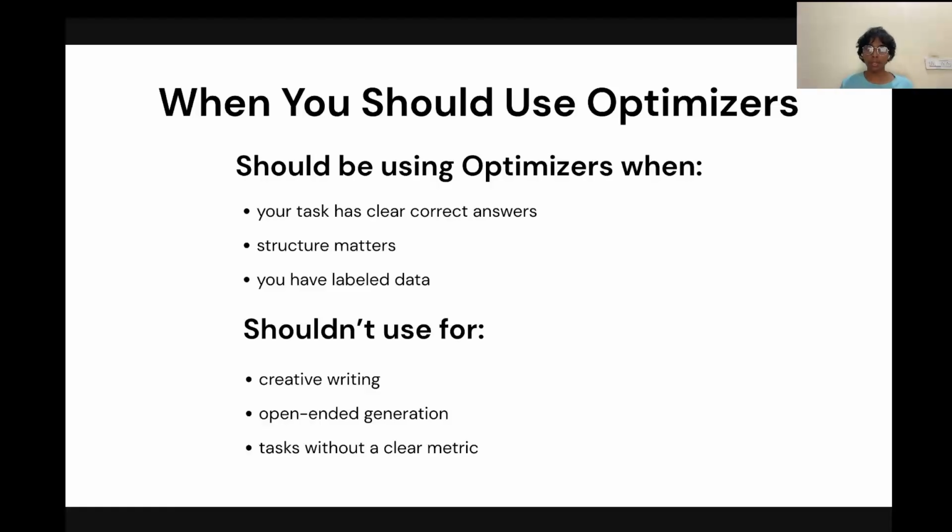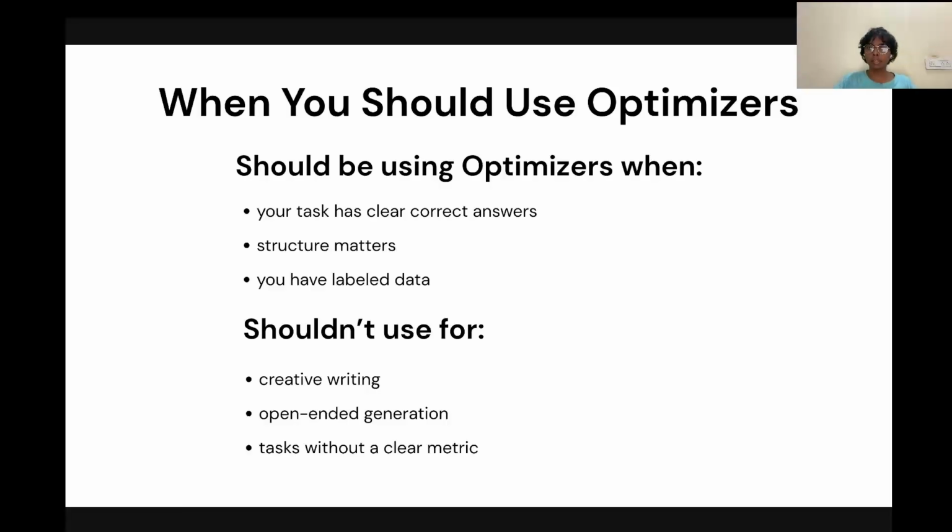When should you use optimizers? We should be using optimizers when your task has a clear or correct answer, when the structure matters, or if you have any labeled data that the prompt can train on. What you shouldn't use them for is creative writing or open-ended generation or tasks without any clear metric, because you will be limiting the LLM for absolutely no reason.